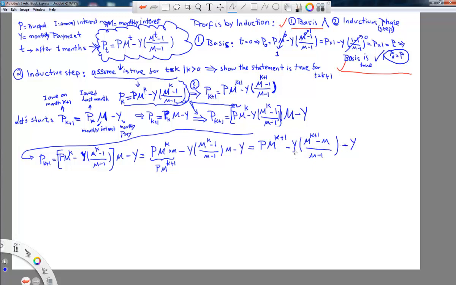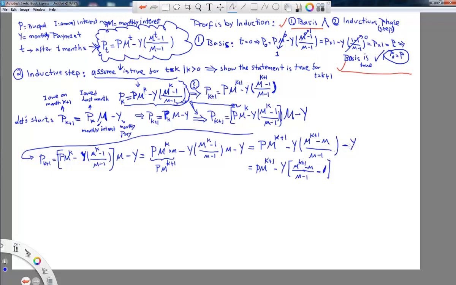Awesome. Then let's factor out y. So this is going to be equal to p times m to the k plus 1 minus y times this whole thing, which is m to the k plus 1 minus m over m minus 1, minus 1.